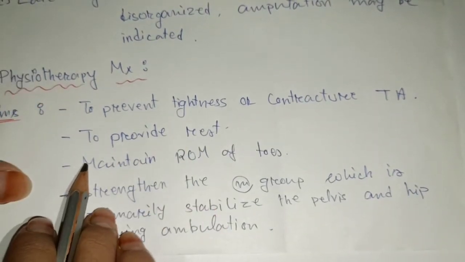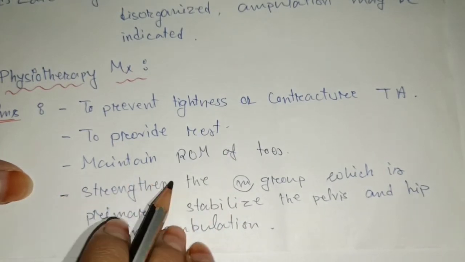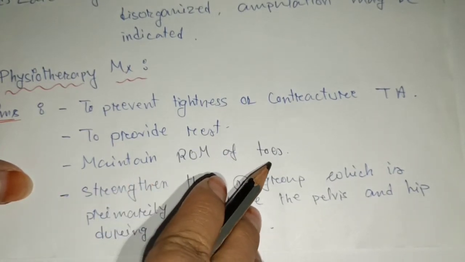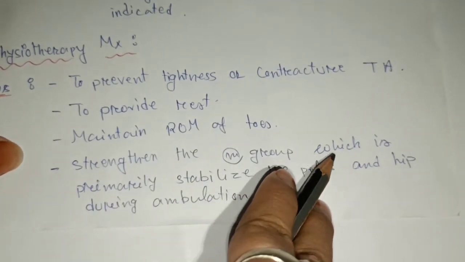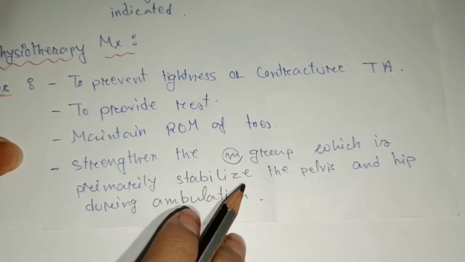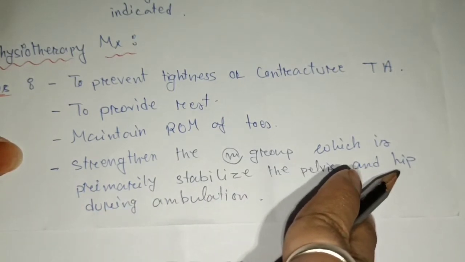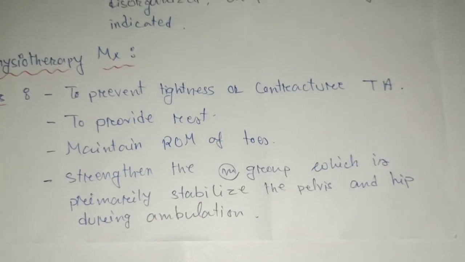And then we provide rest, bed rest. Then maintain the range of motion of the toes, and strengthen the muscle groups which primarily stabilize the pelvis and the hip during ambulation.